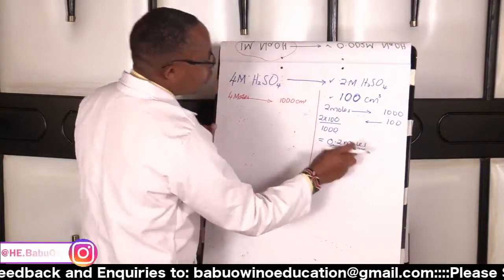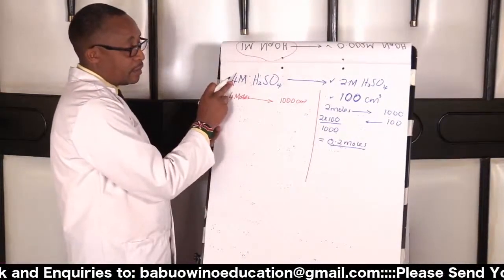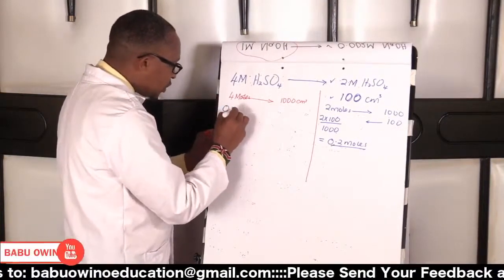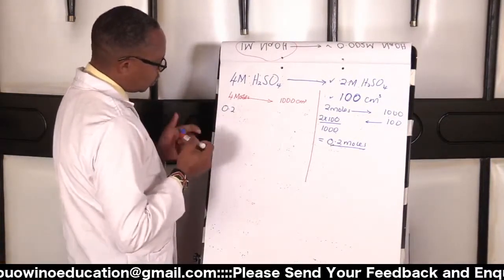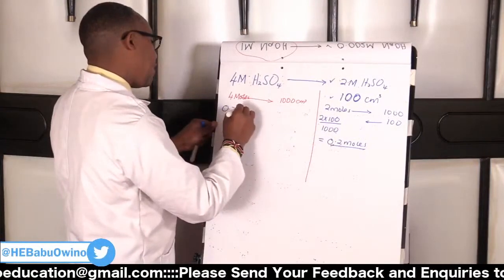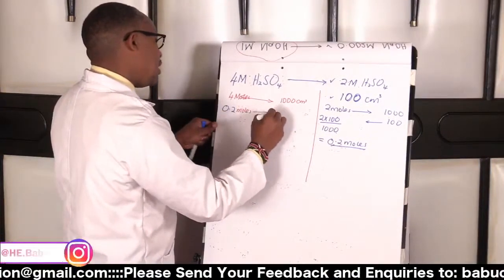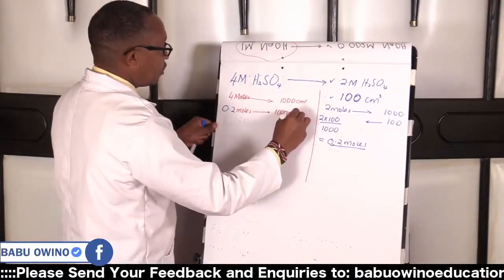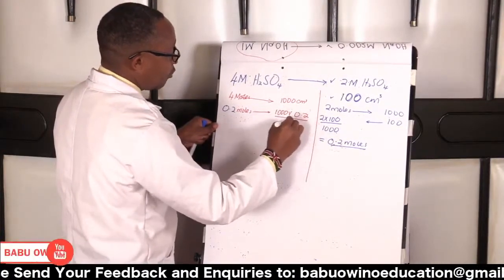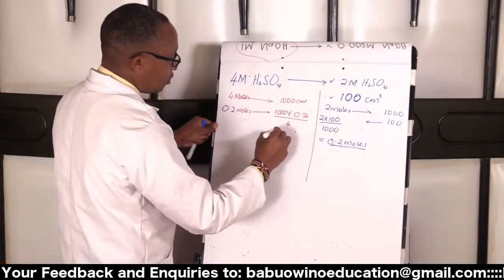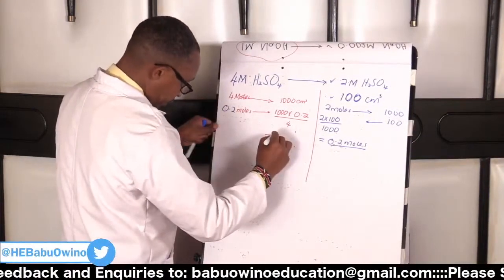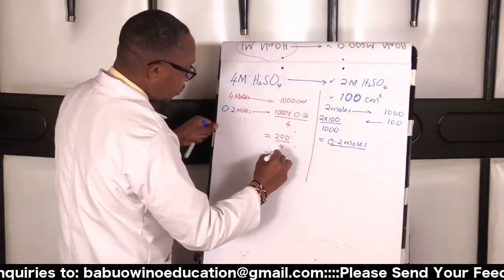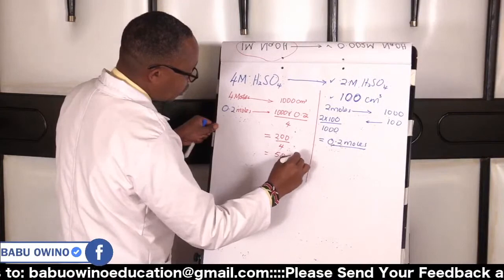You require 0.2 moles from here. So 4 moles are in 1,000. 0.2 moles, the one you require, are in how much? This is 1,000 times 0.2 divided by 4. This is simply 200 divided by 4, which is 50 centimeters cubed.